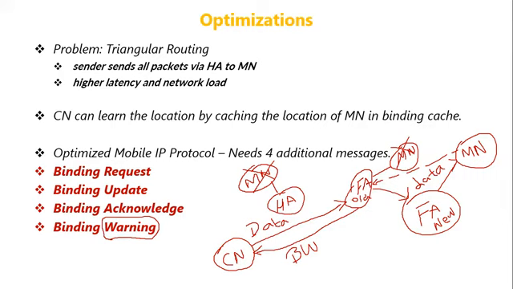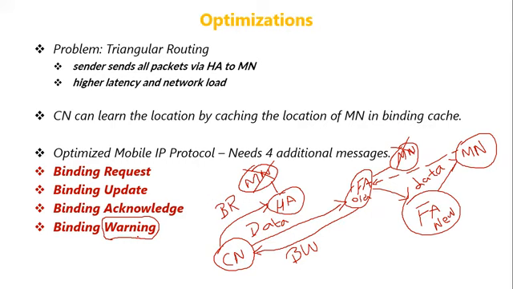The moment CN knows this, CN will again send a binding request to HA, requesting once again for the current location of the MN. And HA will respond with a binding update, and with that binding update it will know the current location of the mobile node. So for this purpose binding warning is used, right?